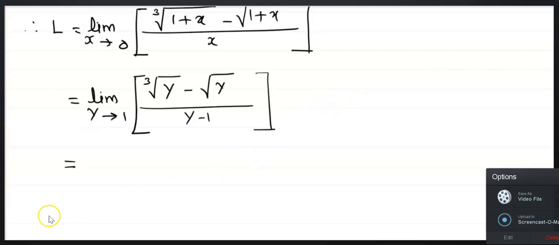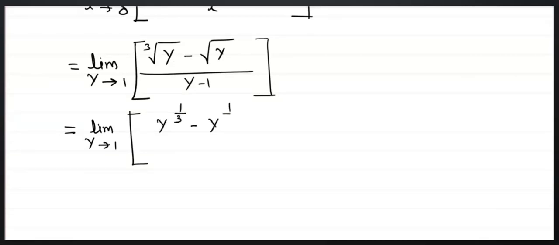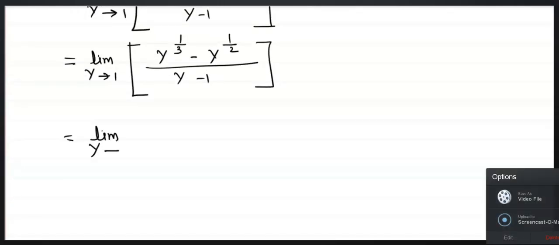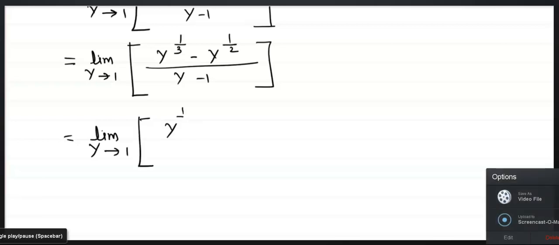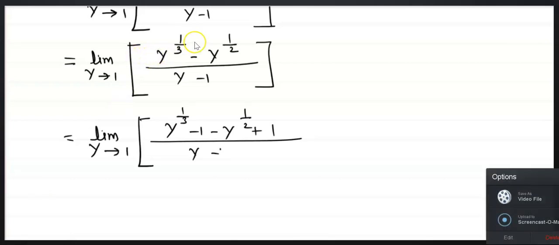These are our formulas. Therefore, we'll write here the limit y tends to 1, y raised to 1 upon 3 minus y raised to 1 upon 2, upon y minus 1. Now here, we'll require plus 1 and minus 1. Using that, we can balance it. See this here: y raised to 1 upon 3, we require minus 1. Here is a minus y raised to 1 upon 2. To balance this minus 1, we add here plus 1. Therefore, now see this here.